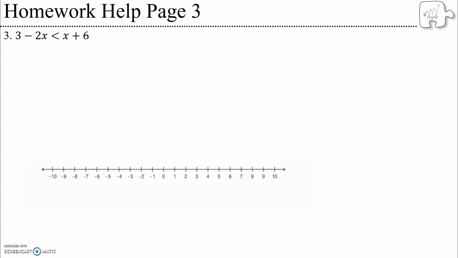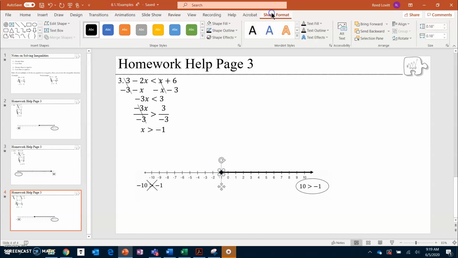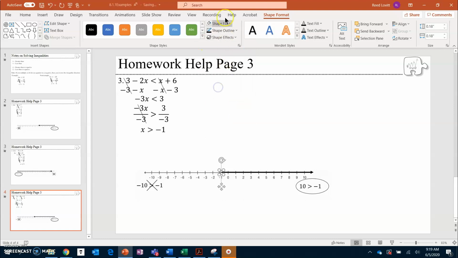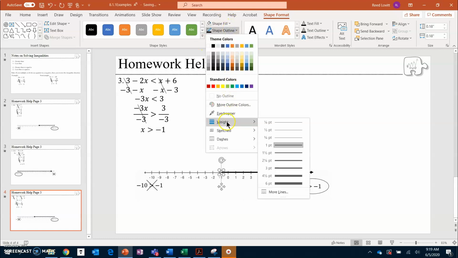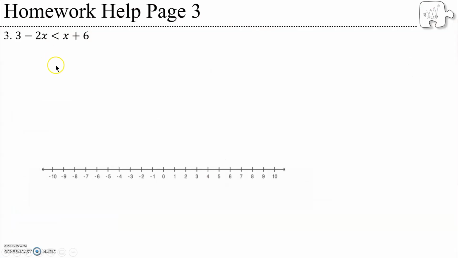So for the next problem, we have 3 minus 2x is less than x plus 6.